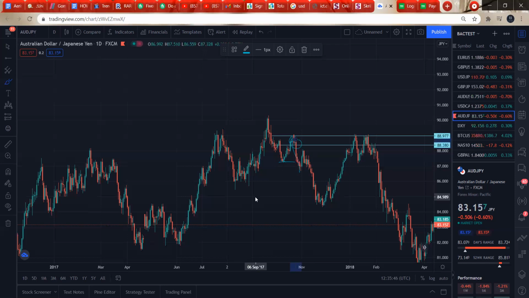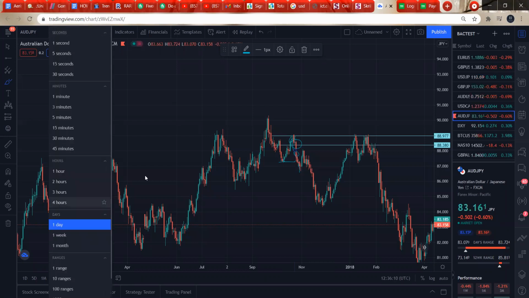If we go to the lower time frame, we're going to find, you see here, there is an order block. So this is a lower time frame order block. So if you go to the lower time frame, when this price broke down, let me go to the 4 hour.